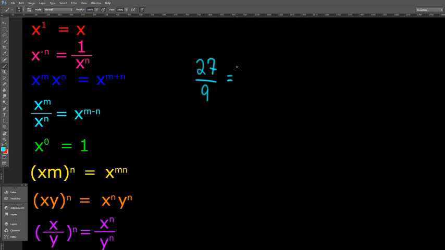This is a reducible fraction, and we can break it out into its prime factorization, right? So 27 is 3 times 3, which is 9, times 3 more, that's 27. This is the prime factorization of 27, and the prime factorization of 9 is 3 times 3.